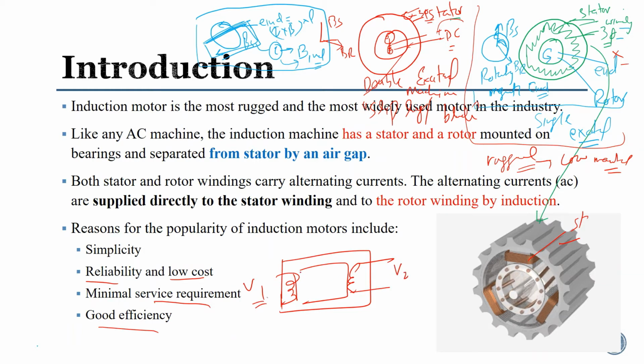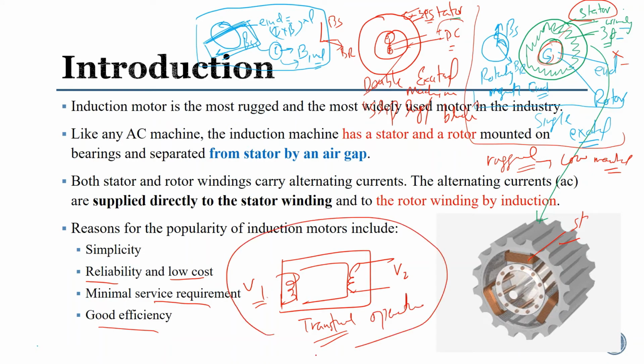The same thing is happening here: the voltage you apply at the stator induces voltage in the rotor winding. So the operating principle of the induction motor is similar to transformer operation. Later, when we make the equivalent circuit of the induction motor, we will see that it is also similar to the transformer.